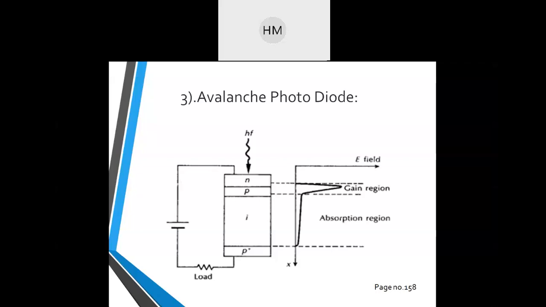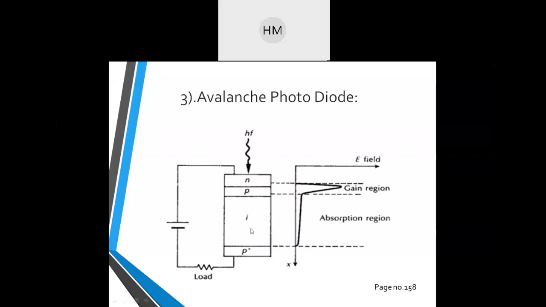And the reach through APD is composed of a high resistivity P type material deposited as an epitaxial layer on a P plus substrate. ठीक है? A P type diffusion or ion implant is then made, followed by an N plus layer. This configuration is referred to as the P plus pi P N plus reach through structure.